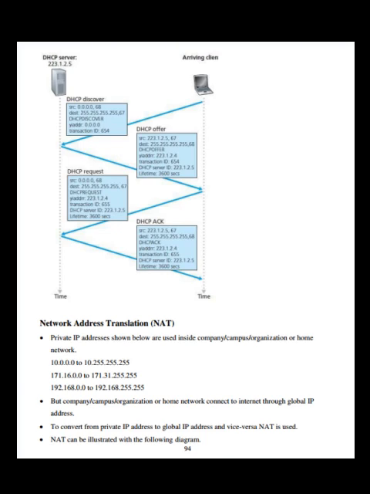But the company, campus, organization or home network connects to the internet through global IP addresses. To convert from private IP addresses to global IP addresses and vice versa, NAT is used.